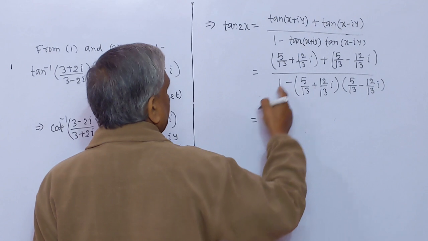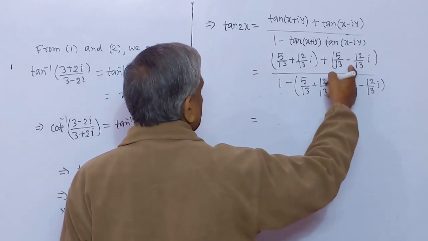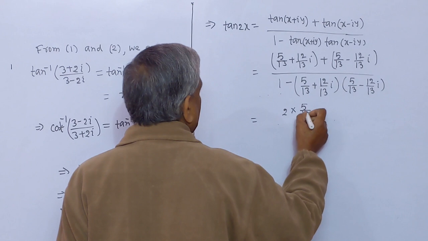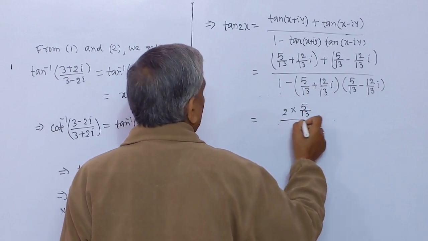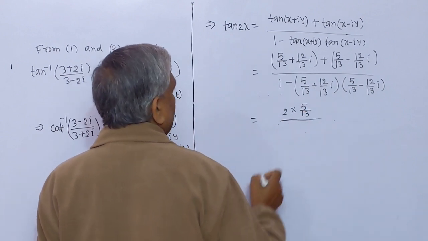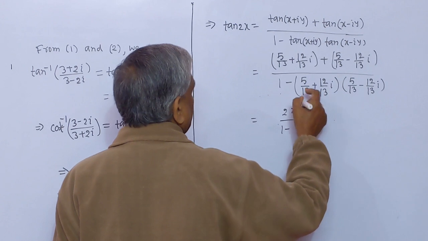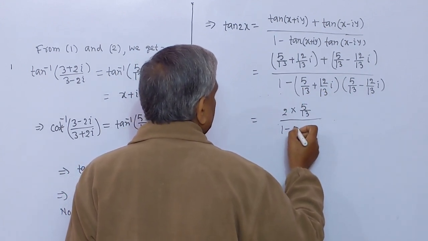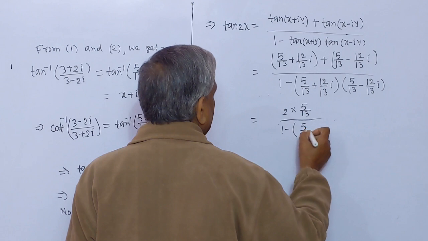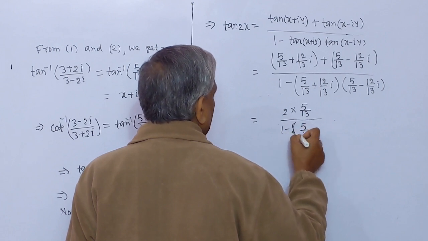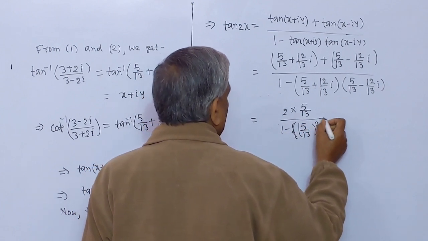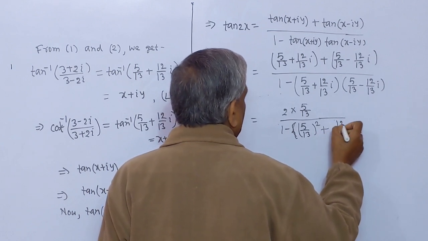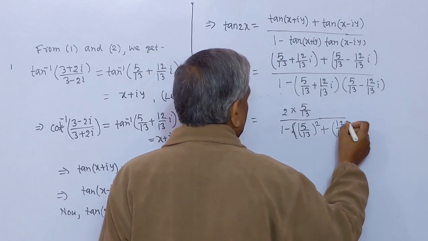This is equal to, the plus and minus cancel, 2 multiplied by 5 by 13 by 1 minus, since (a plus b)(a minus b) is a square minus b square, (5 by 13) square plus (12 by 13) square.